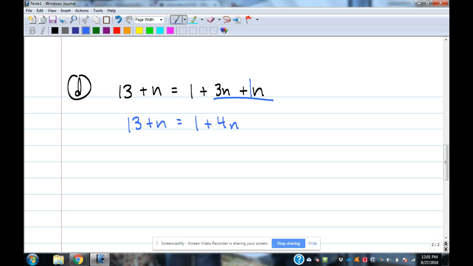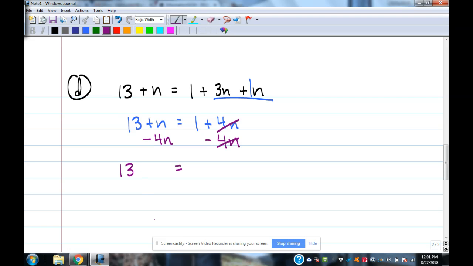Now, the next step is to get letters to one side, numbers to the other. Okay. What if I wanted to move this 4n? How would I move it? I could subtract it, right? Because they're plus, we got a plus sign there. So if I subtract 4n from 1n, what do I get? 1 minus 4.